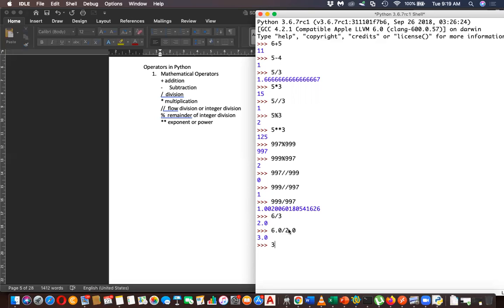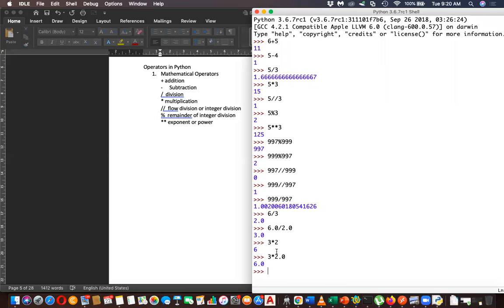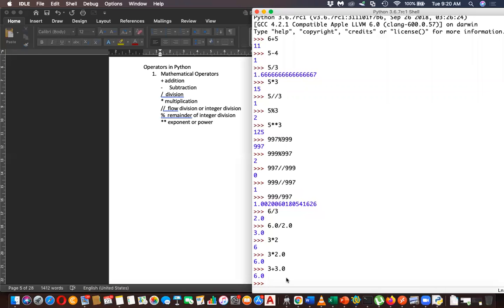Okay, let's multiply. 2 into 3 or 3 into 2, it's 6. But if you multiply 3 into 2.0, you will get 6.0. Understood? Yes, sir. If you have a floating point number in your maths, let's say 3 times 2.0, the answer will be 6.0.